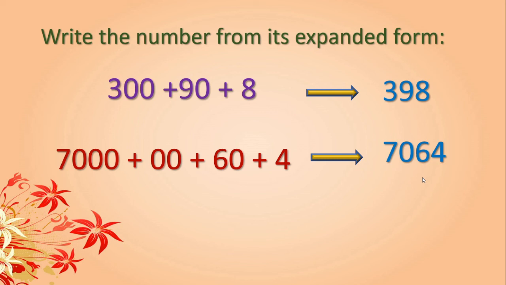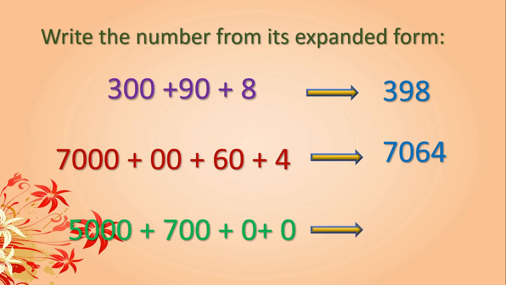Okay. Third one. 5000 plus 700 plus 0 plus 0. Come on. Tell me the real value. Very good. Here in the unit place and in the tens place 0 must be there. See dear children, here only 1 0 is given in the unit place. In the tens place also only 1 0 has given.